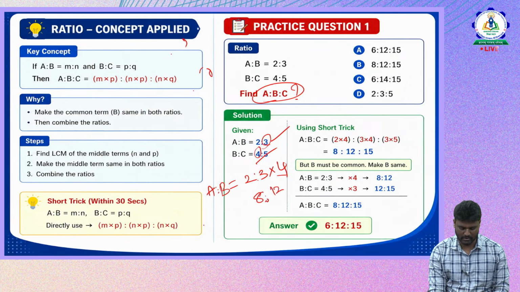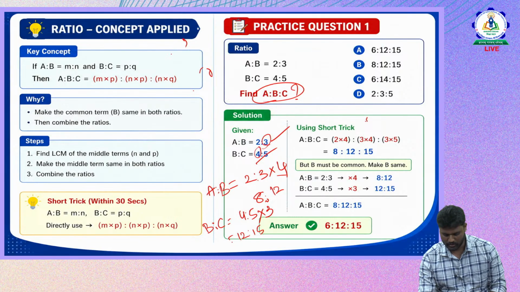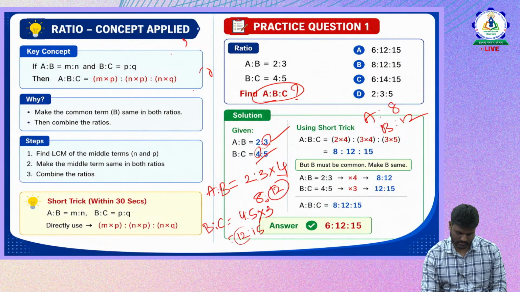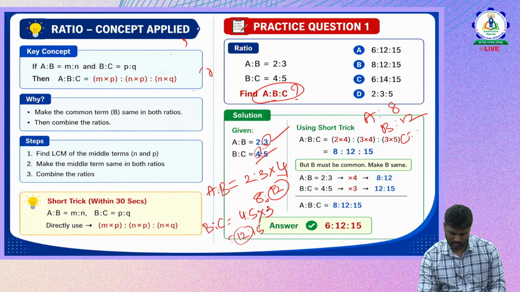Similarly, in B is to C, 4 is to 5, if you multiply with the given B ratio 3, it becomes 4 threes are 12, 5 threes are 15. Now we got the A value as 8, the B value as 12 in both, and the C value as 15.